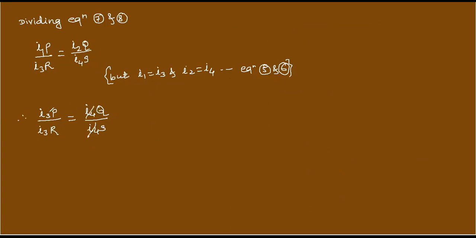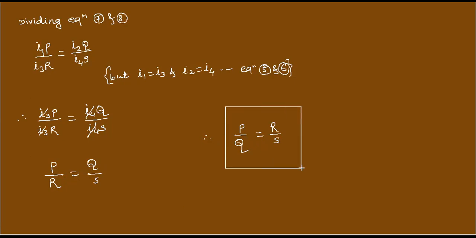Then this I4 and this I4, this I3 and this I3 get cancelled, and what we are getting is P by R is equal to Q by S. If I transfer this Q here and this R here, then we get P by Q is equal to R by S. This is the bridge balance condition. Understand? Is that clear? So note down.